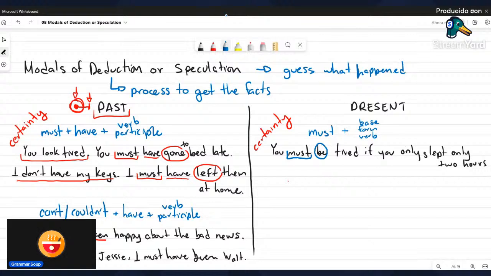For example, I don't have my keys, right? Talking about the car itself, right? I don't have my keys. Or we can say he must have them in the car.